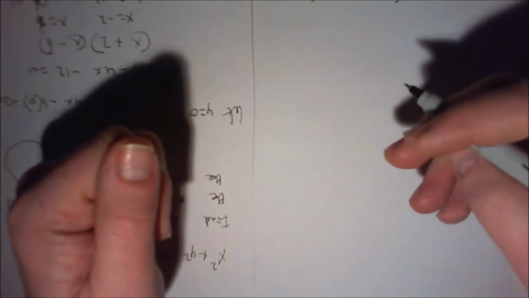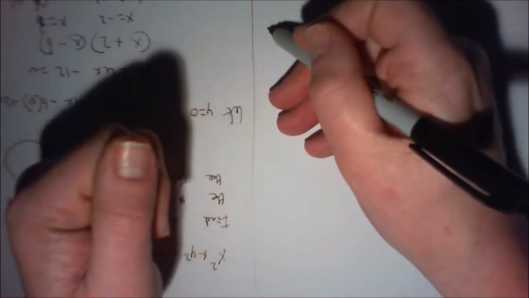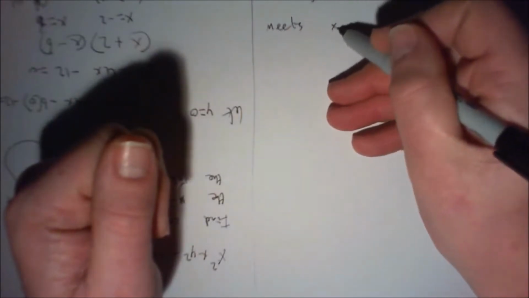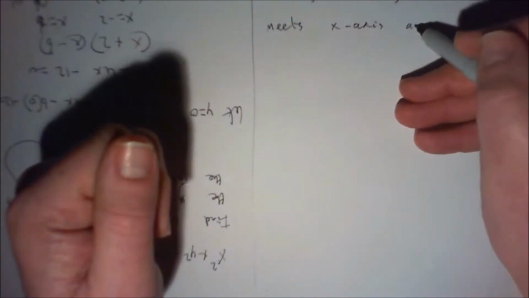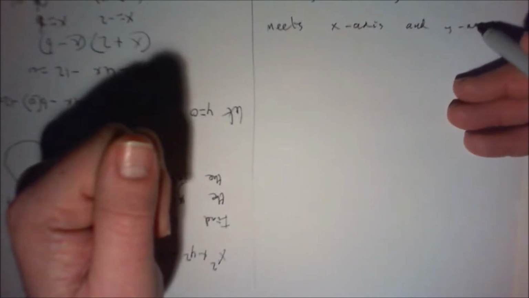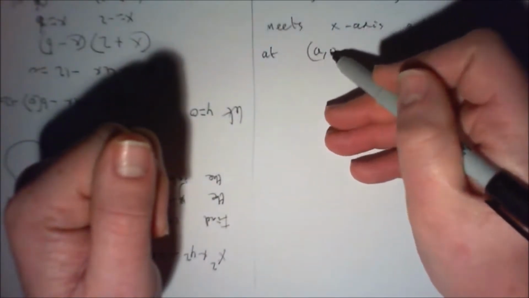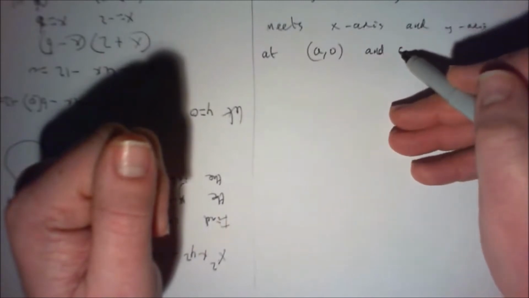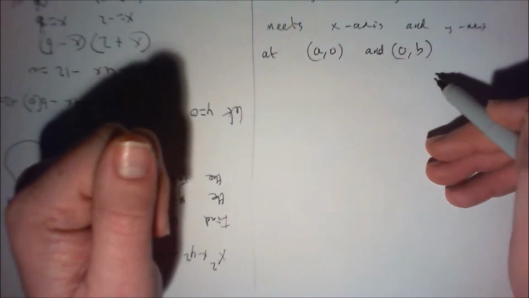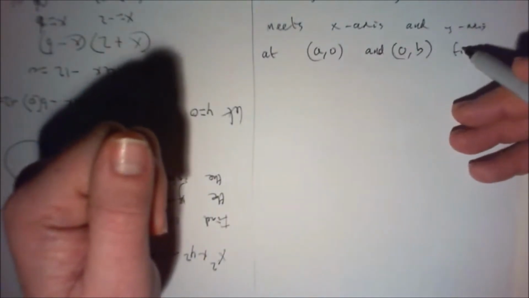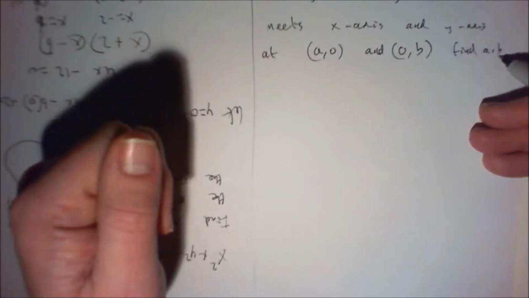So it's sandwiched, okay? It meets the x-axis and y-axis at A, 0 and 0, B. And we need to find A and B.